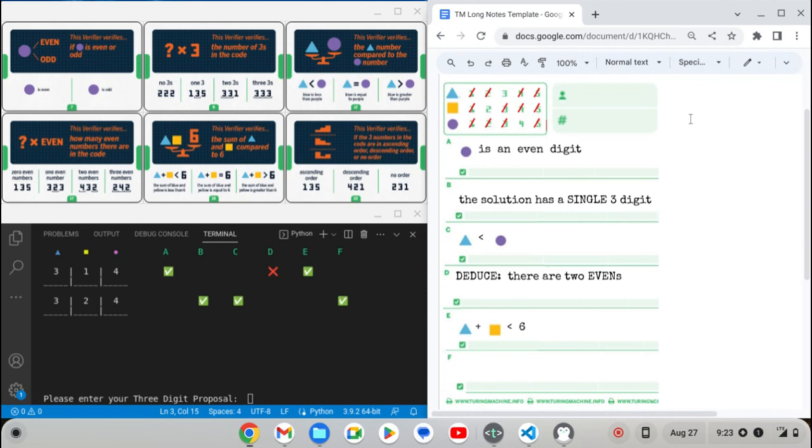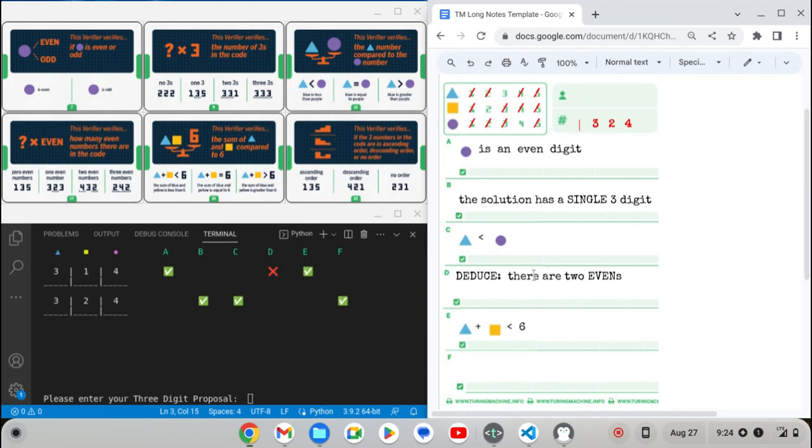But let's confirm. Okay, so if the solution is 3, 2, 4, and I apologize, it's a little lagging, let's confirm what we have here. Is the last digit an even digit? Yes. Let's see, D. D was the biggest deduction here, where I deduced that there are 2 evens.